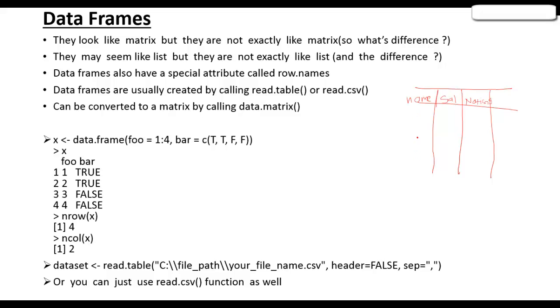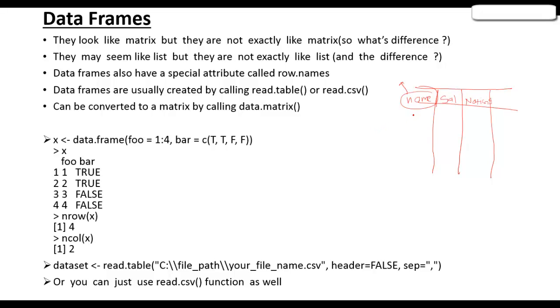Now in the same column, if you are expecting a homogeneous data set, or the data type to be intact and similar across the whole column, then it would be nice. If you don't want that, it is possible. You just store a list over here.